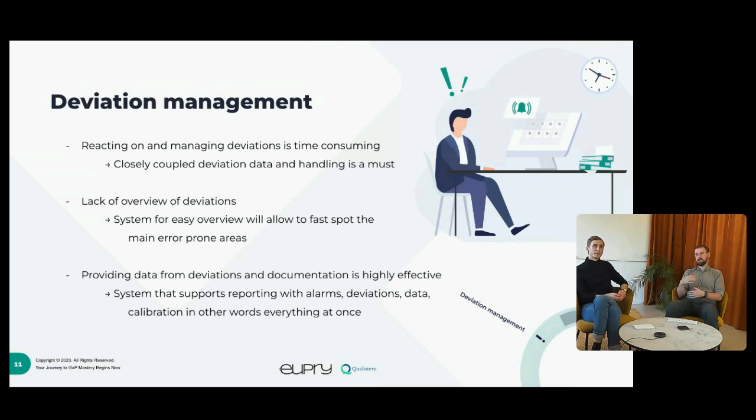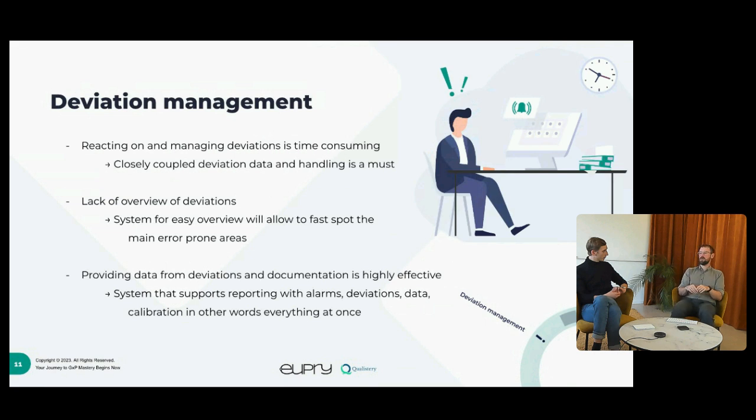So another pitfall we see is that a lack of overview of your deviations in terms of thermal compliance can mean that you can't clearly define any tendencies. And I would say a system that allows for easy overview should be one of the requirements when acquiring a system, because it allows you to much faster spot any bad tendencies.